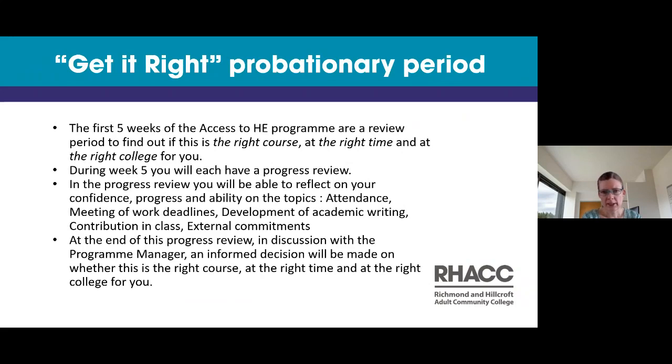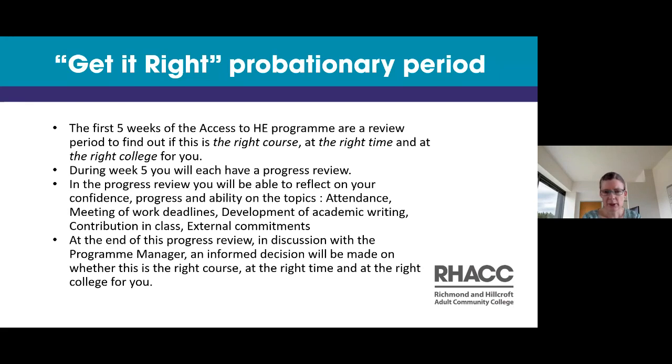The first 5 weeks of the Access programme are a review period to find out if this is the right course at the right time at the right college for you. During week 5, you'll each have a progress review, and in the progress review, you'll be able to reflect on your confidence, progress, and ability on these topics, such as attendance, meeting work deadlines, development of academic writing, contribution in class, and the impact of any external commitments on your studies.